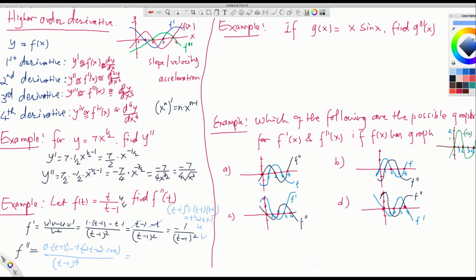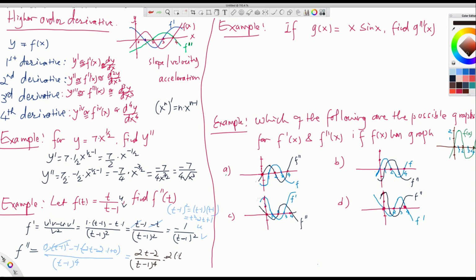If you simplify that, what do you get? The first term is basically 0, right? And then the second term is positive, because negative times negative 1 is positive. So twice t minus 2 divided by t minus 1 to the 4. But you can factor the 2 out, right?